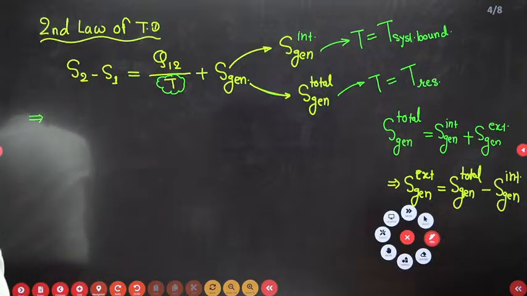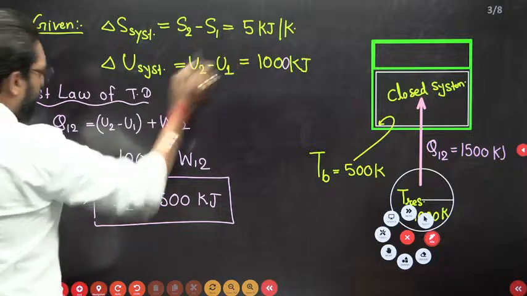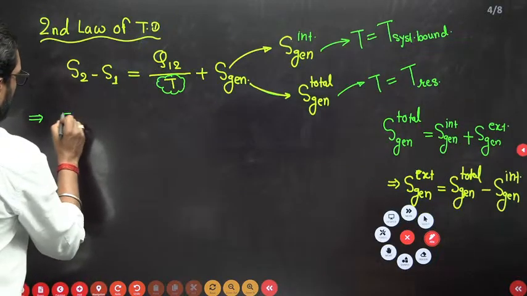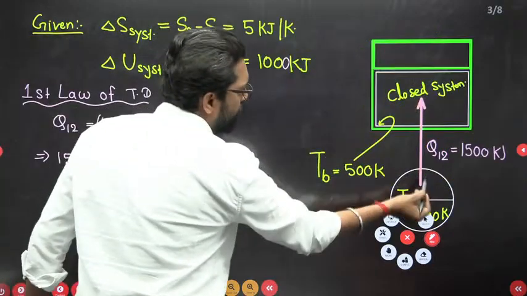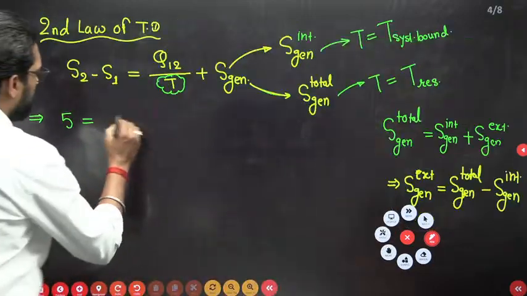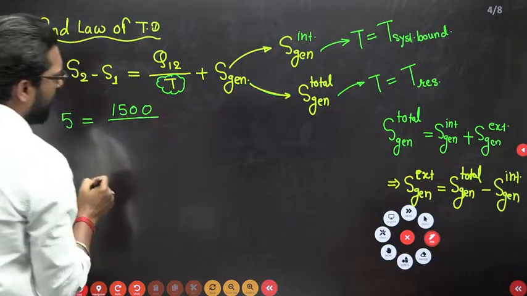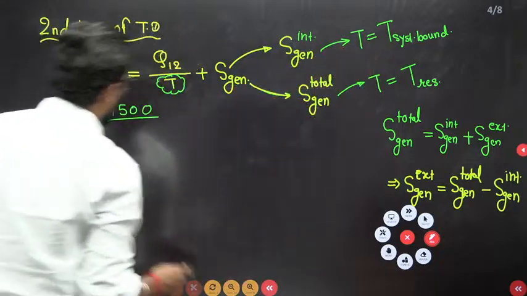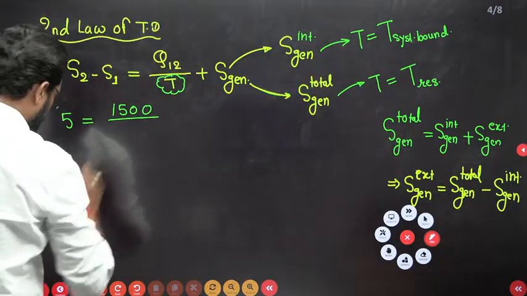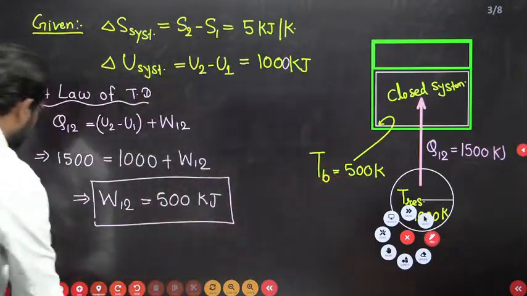Now, the entropy change is given. How much is the entropy change, beta? 5. Yes or not? Heat transfer is given. Why? Because this is our system, so heat added 1500 divided by, if you put the system boundary temperature, what is the system boundary temperature then? 500.